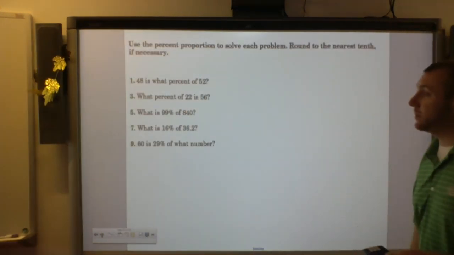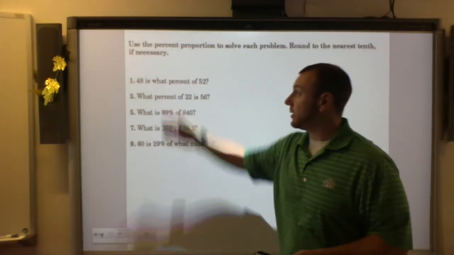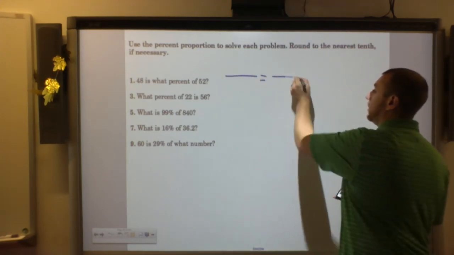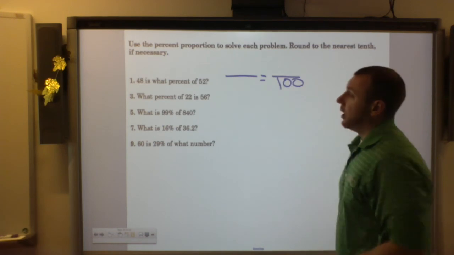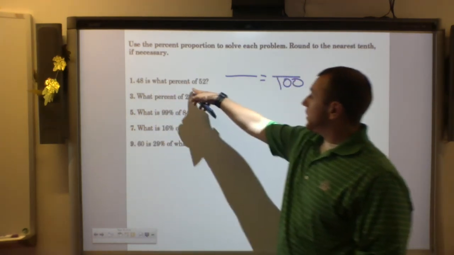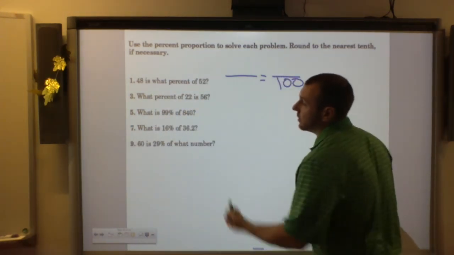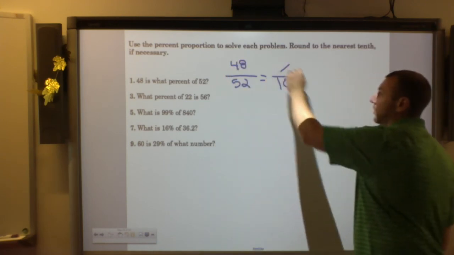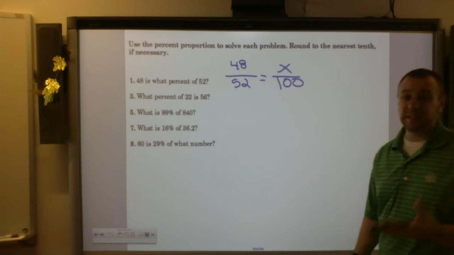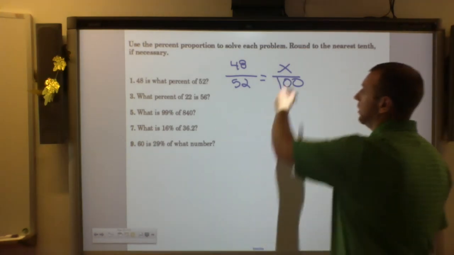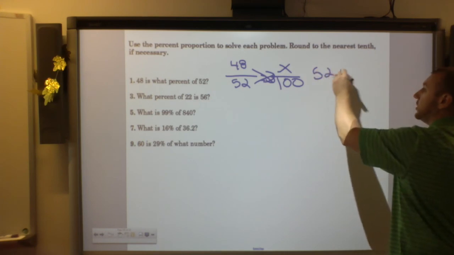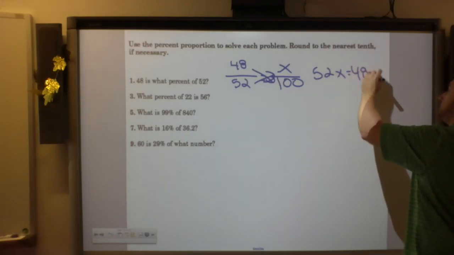The next piece is finding the percent. So in this case, 48 is what percent of 52? Well, now I know the 48 and the 52, I don't know the percent. I set up the same proportion and I cross multiply. 52x equals 4,800.